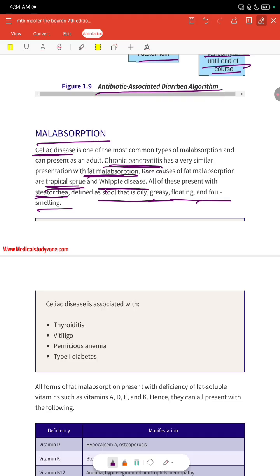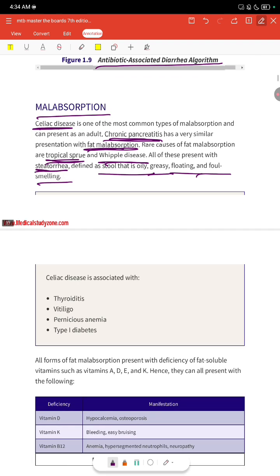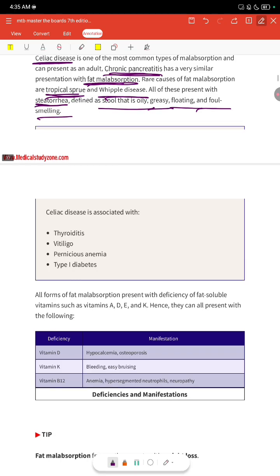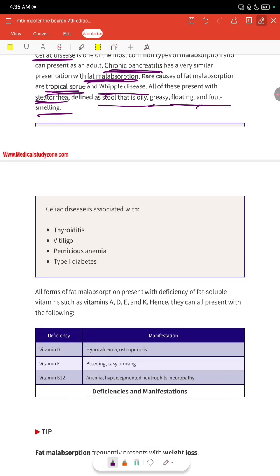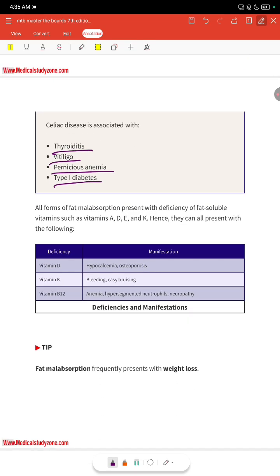All of these things are written over there, or in any other pathology book. As we are discussing medicine, we won't go into detail on each one. Celiac disease is associated with thyroiditis, vitiligo, pernicious anemia, and type 1 diabetes. So remember these associations of celiac disease.